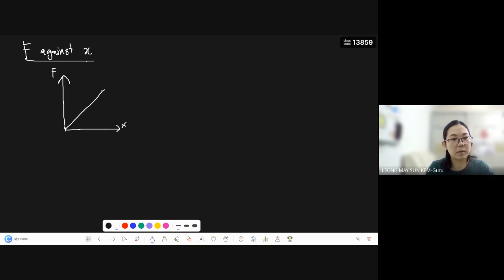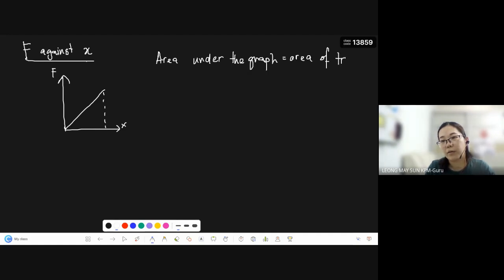So a straight line because it obeys Hooke's law. Just now we found the gradient. Right now we want to find the area under the graph. The area under the graph is the area of a polygon, and here we know that it is the area of a triangle, which is 1 over 2 of the base, which is x, multiplied by the height, which is f.